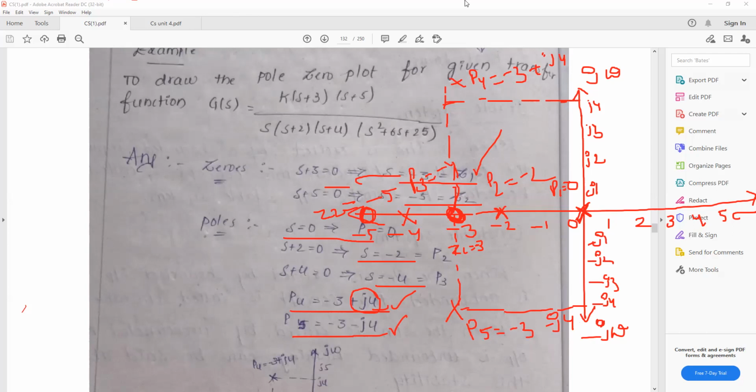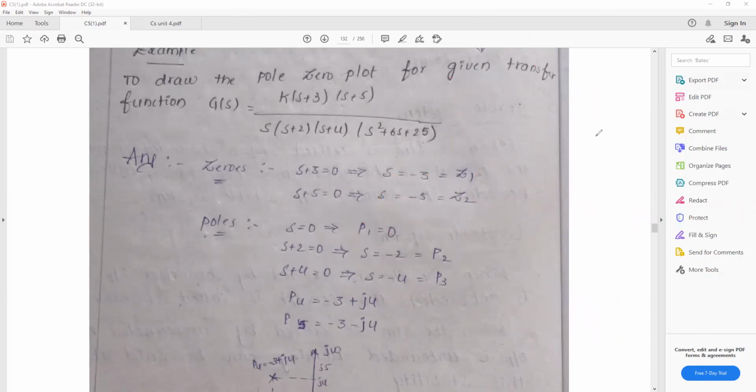So are all of you clear? This is the location of the poles and zeros. I am repeating because it's very, very important. This is the pole-zero plot. This is the origin, -1, -2, -3, -4, -5 on the negative real axis.